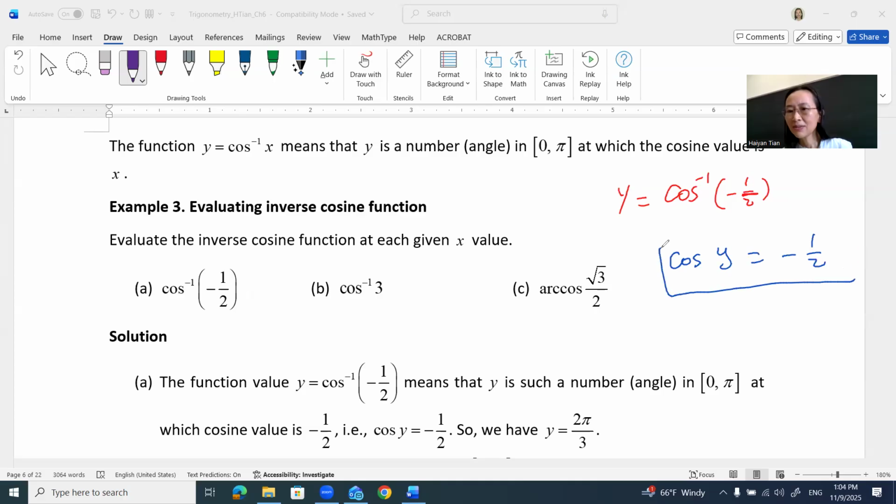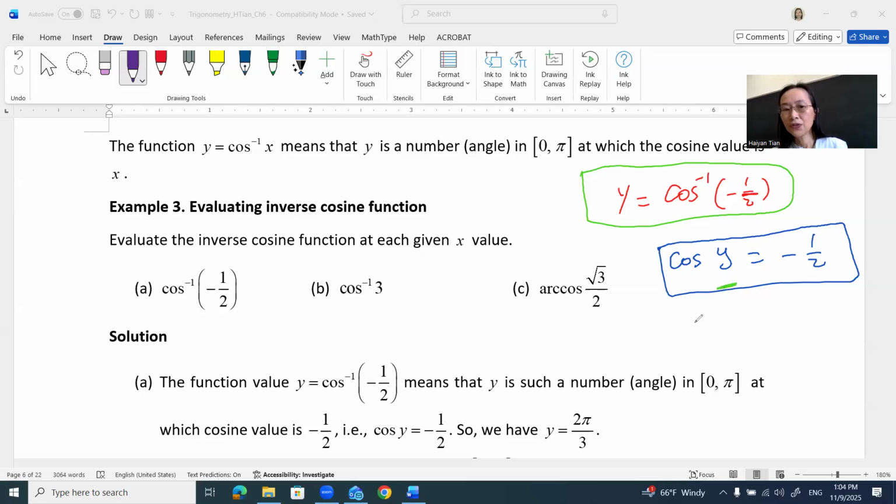That is a more friendly expression compared to this inverse, because the inverse is a new thing. So you have seen this cosine inverse just now, but then we try to convert it into a different form to realize what y is exactly. The y is such a y whose cosine value is negative half. So can we possibly find y?